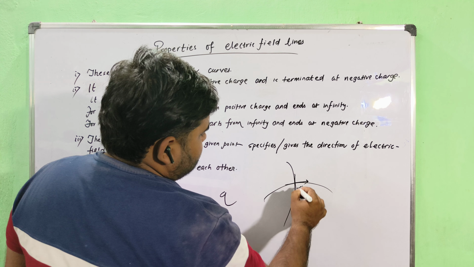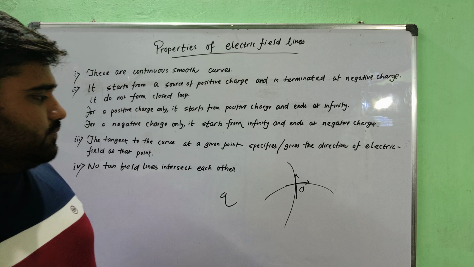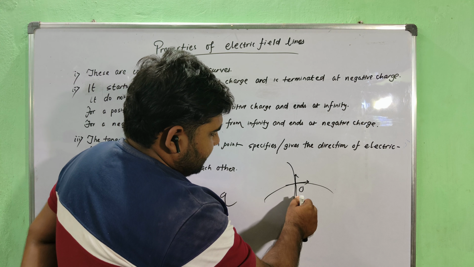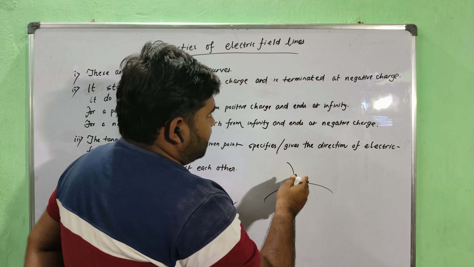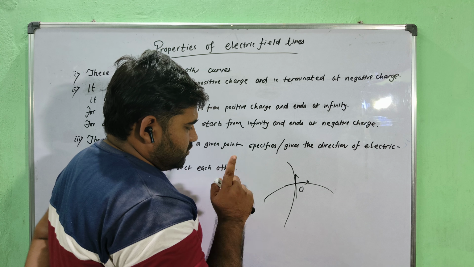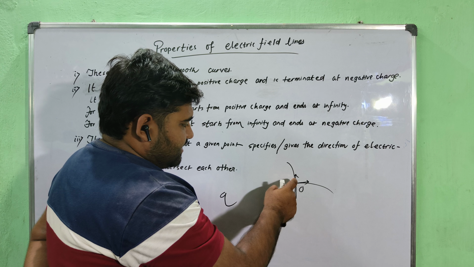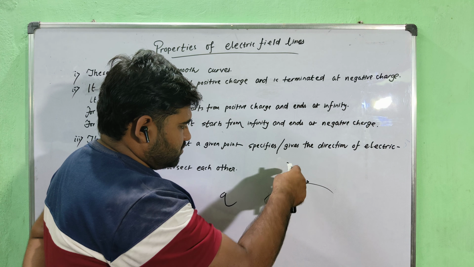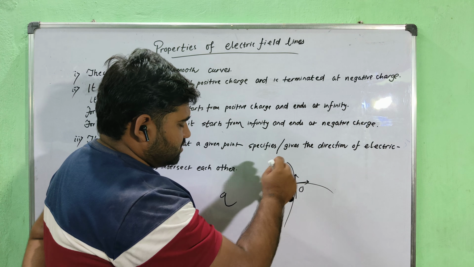So we can see that these intersections cannot occur, because at this point the electric field has a direction about this way, and at this very point it has a direction about this way, which means a single electric field at this point has two directions, which is not possible. So intersection of two electric field lines is not possible.